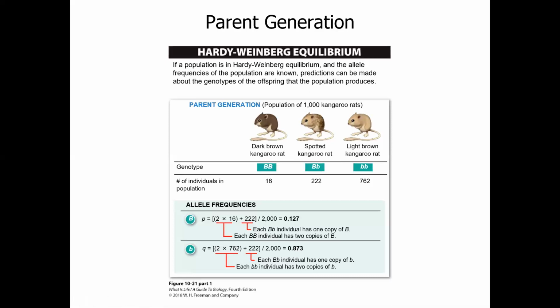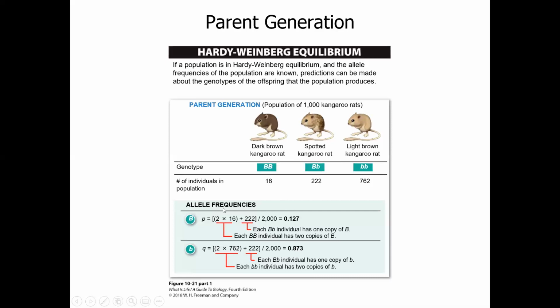And what we can do is, based on those numbers, figure out the allele frequencies for our P, which is our dominant allele. That's the capital P, or capital B in this case, excuse me. And then we can figure out our Q, which is the recessive allele, or our lowercase b.